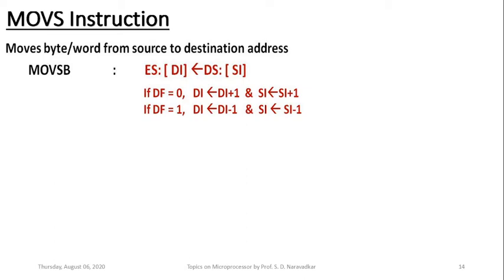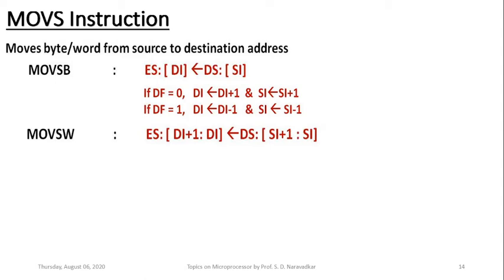Then the next will be move string word, MOVSW. In that case, from the data segment, two source offset locations are required, which are given by SI and SI plus 1. Clearly shown on the right side, data segment colon inside square bracket, SI plus 1 which is shown on the left side, colon SI which is shown on the right side, and then that bracket is complete.